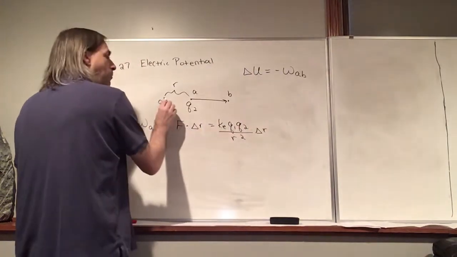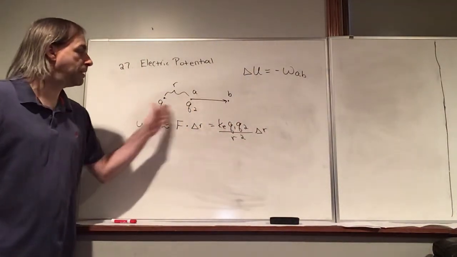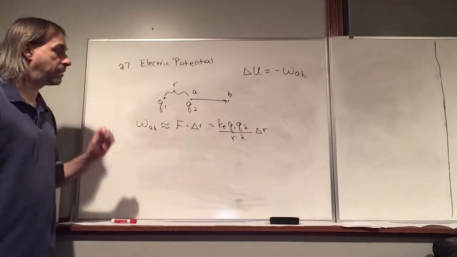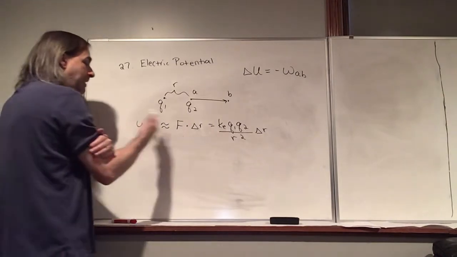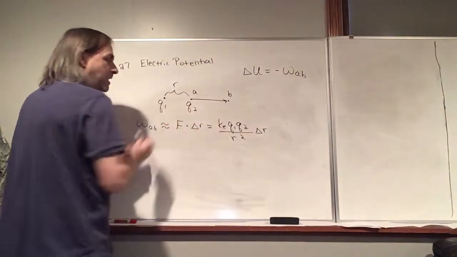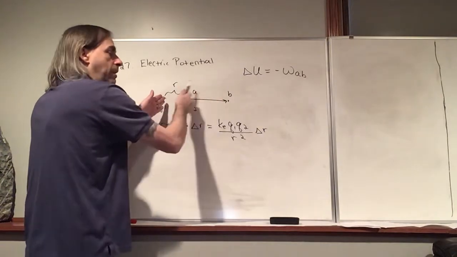So we'll just say we're moving radially away from that charge. So delta r is a displacement radially away from Q1. Q1 is fixed. And so the reason why this is only approximately equal: what is the force? Well, it depends on this distance separating them, but that's changing.